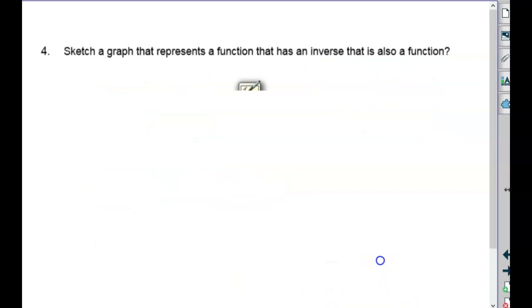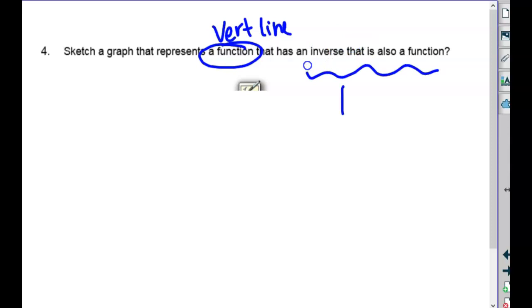Sketch a graph that represents a function that has an inverse that is also a function. So, a graph that is a function means it has to pass what? Okay, the vertical line test to make it a function. Its inverse is also a function, meaning it also passes the horizontal line test. So a line would work.